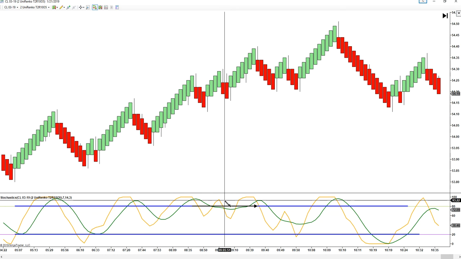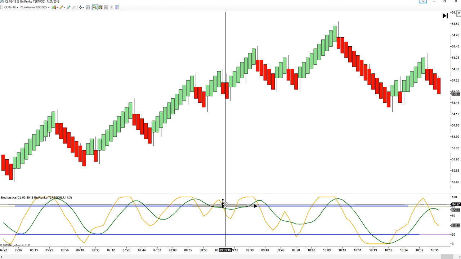you get a short signal. The gold line or yellow line is crossing below the green line, which is the signal line, and it's happening right through the 80 line.